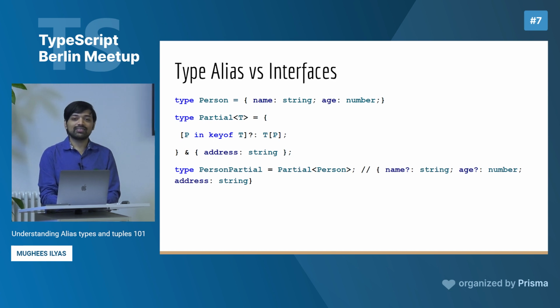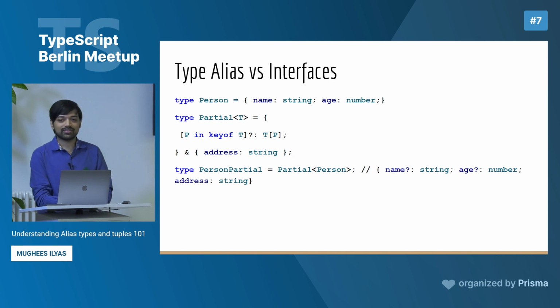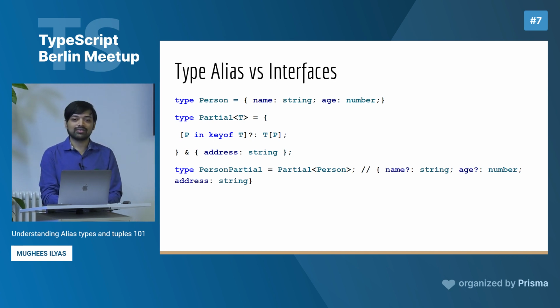If you use interfaces, VS Code will immediately stop at that interface level. It will show you what interface it is, what properties exist, but it won't go deeper and resolve these properties. So if you have types that you expect to be inspecting a lot in your editor, there's this one argument to use interfaces. That's one.